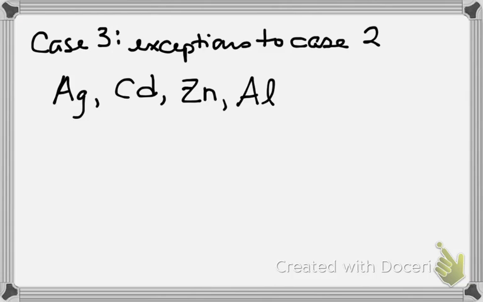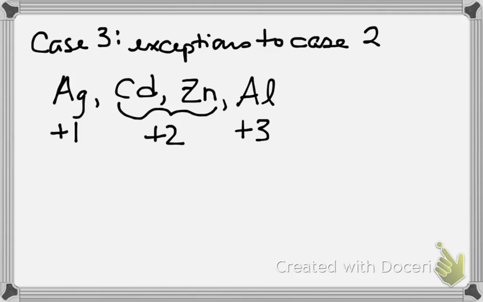Right, so those 4 you definitely just need to memorize as being exceptions to the rule. And again, it looks on the periodic table kind of like a little Z or a puzzle piece. That's kind of how I remember where they are. But you can also, if you remember them in order, then they also go in order of charges. It's +1, +2, +2, and then aluminum is +3.